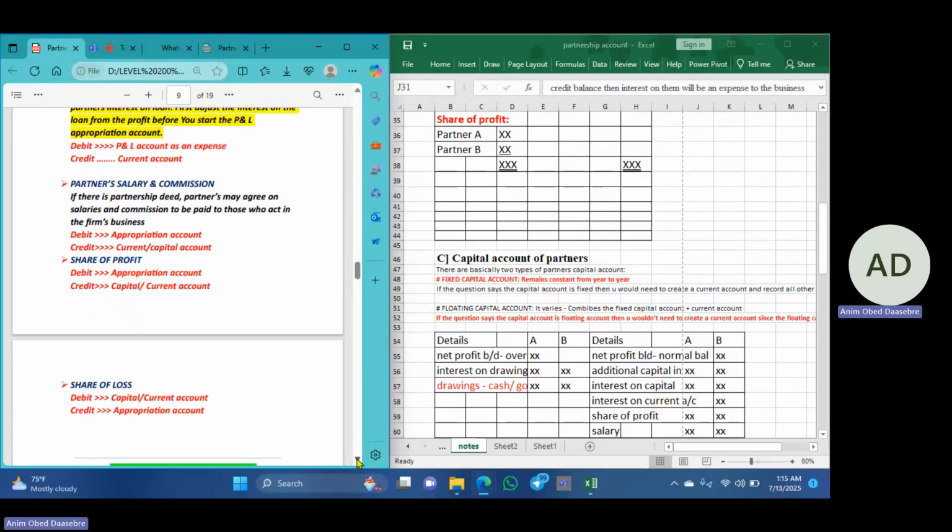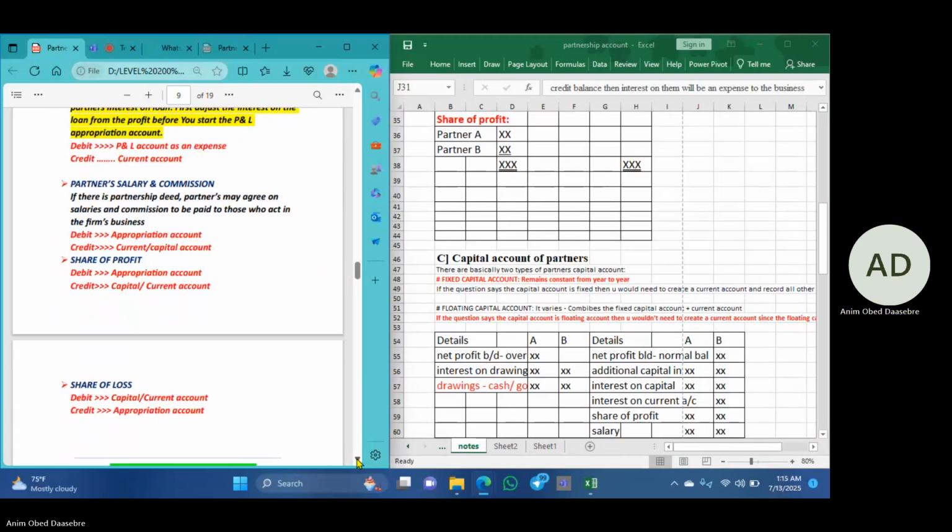You are going to record the exact figure they give you in the question when you are preparing the balance sheet, because we say that it is fixed. Fixed means it's constant, the same from one year to the other. Last year's balance will be the same as this year's balance when you are preparing the final accounts of the partners.